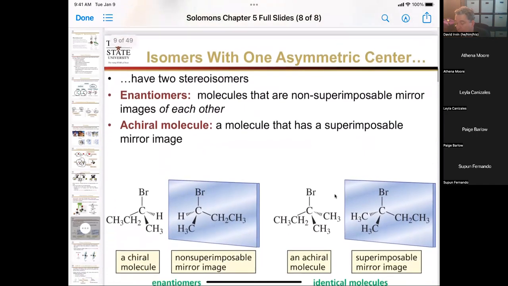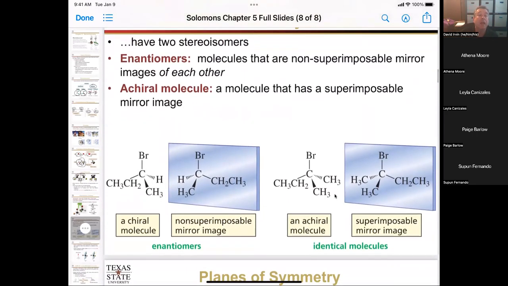The second requirement is that it must have a non-superimposable mirror image. Okay, so let's talk about that. If a molecule has a non-superimposable mirror image, then it has enantiomers. One is the one enantiomer, and then its non-superimposable mirror image is the other enantiomer.